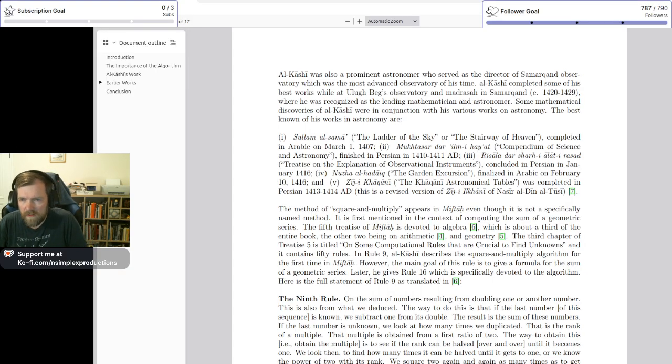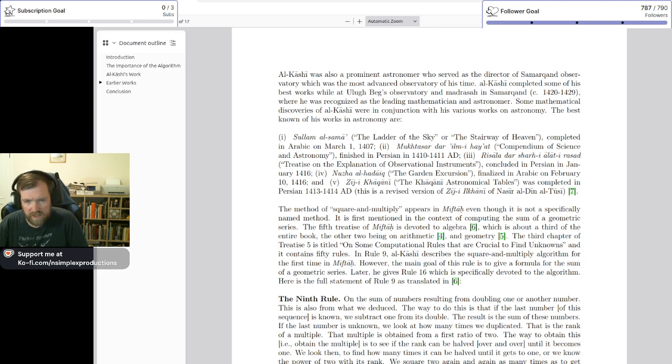Risala Dar Shar'i Alat-i Rasad, treatise on the explanation of observational instruments, concluded in Persian in January 1416. Nuskha al-Hadaik, the Garden Excursion, finalized in Arabic February 10th, 1416.